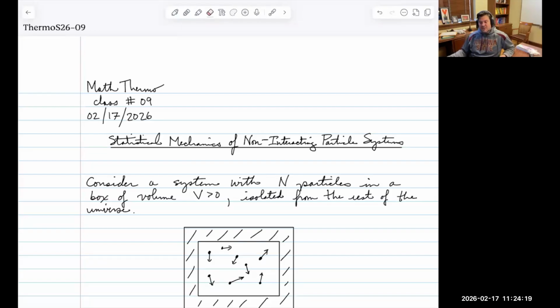People didn't really understand what constituted matter and whether the atomic and molecular assumption of matter was quite right. In any case, thermodynamics came first, and statistical mechanics came later and helped fill in some of the gaps in the details that were missing from thermodynamics.